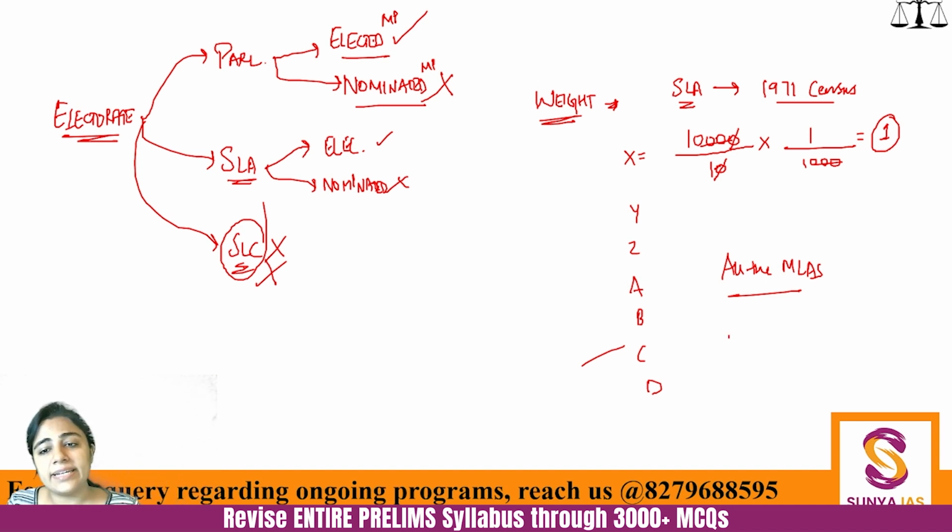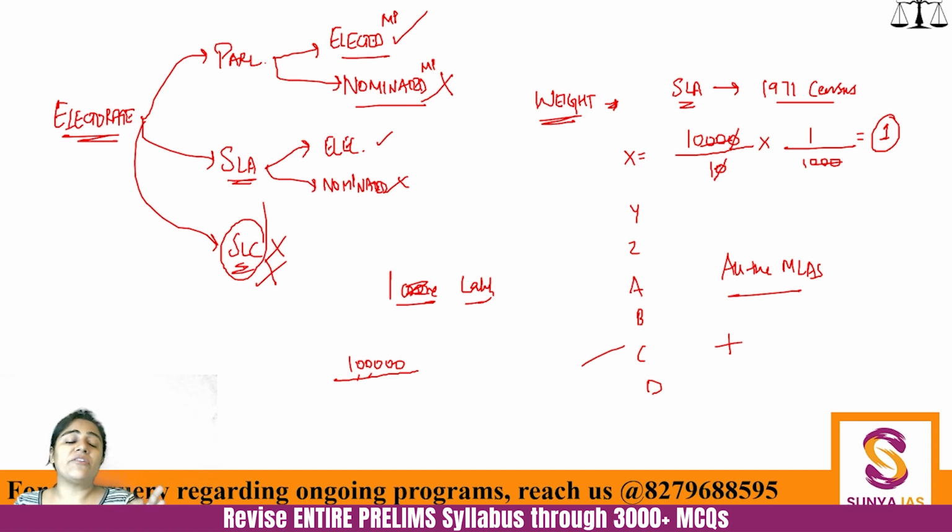Okay. It is added with each other. So let's say the added weight comes out to be 1 crore or something, you know, added weight comes down to be 1 crore or 1 lakh, whatever. This 1 lakh will be divided by the total number of MPs that we have.